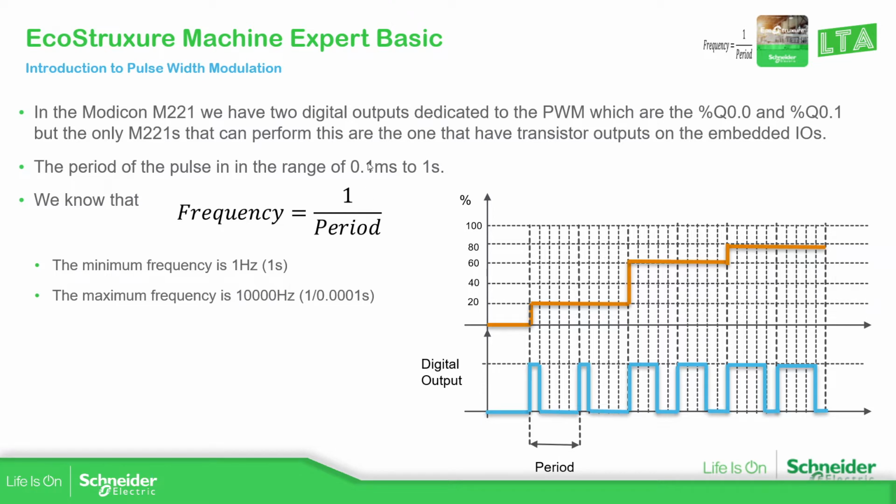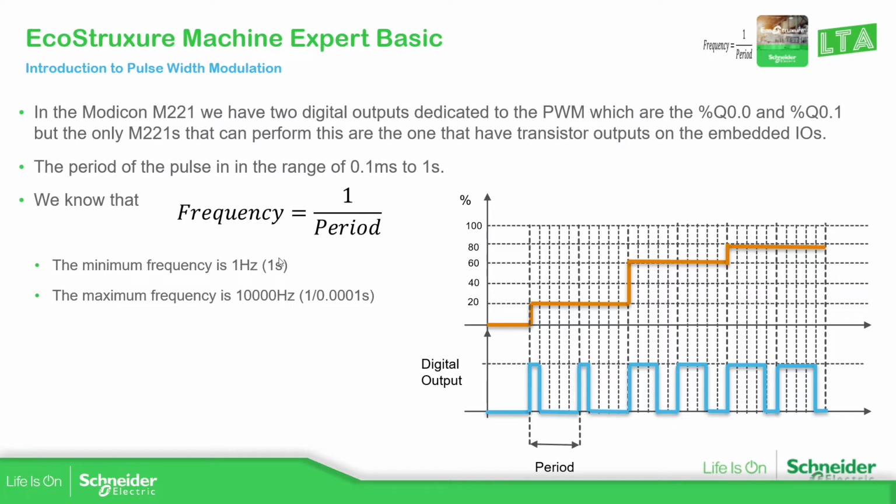I already mentioned that the range is 100 milliseconds. No, sorry, it's going to be 0.1 milliseconds. It should be 100 microseconds, to 1 second. If we use this formula, we can see the range of the frequency.